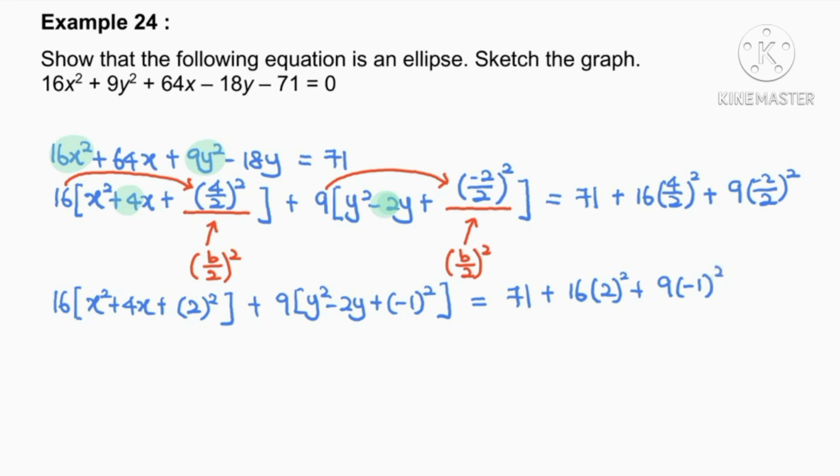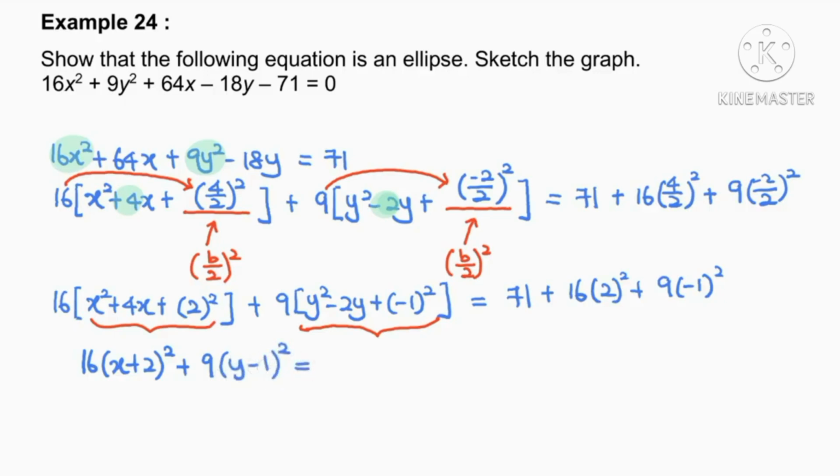Now, we can factorize the first three terms over here. So it becomes x plus 2 squared. And then we also can factorize the next three terms over here. It becomes y minus 1 squared.